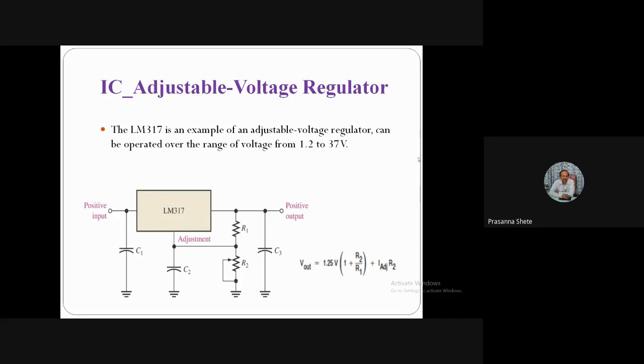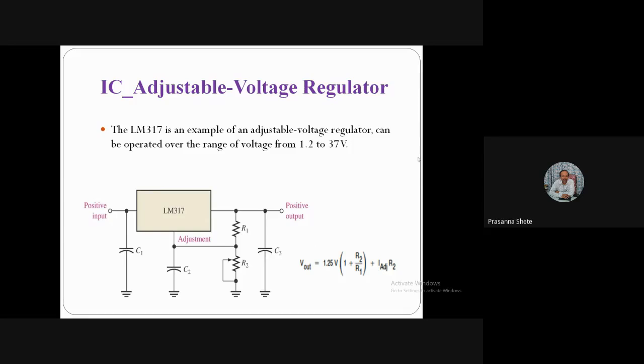Hence we have the range from 1.2 volts to 37 volts.